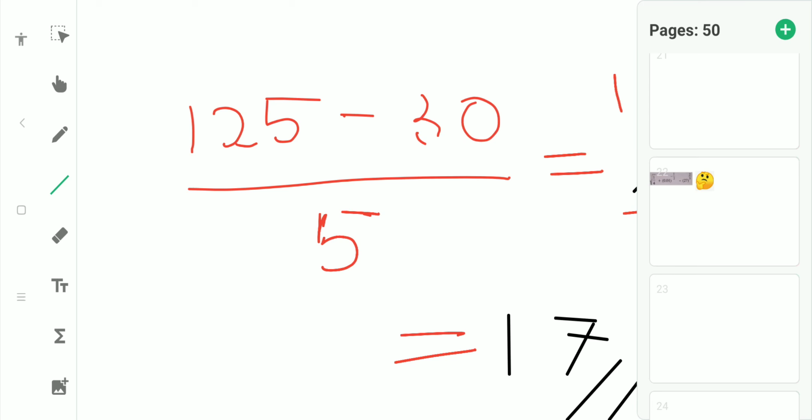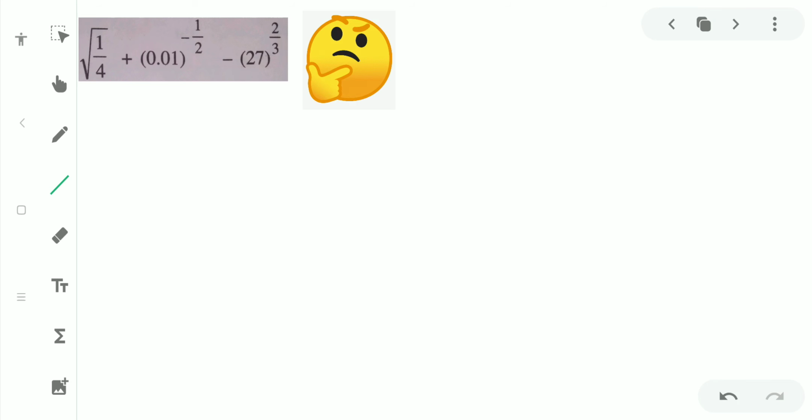Let us go on to the next question, the last question. The question is on your screen. That is root over 1 by 4 minus 0.01 whole square minus power minus 1 by 2 minus 27 whole power 2 by 3.